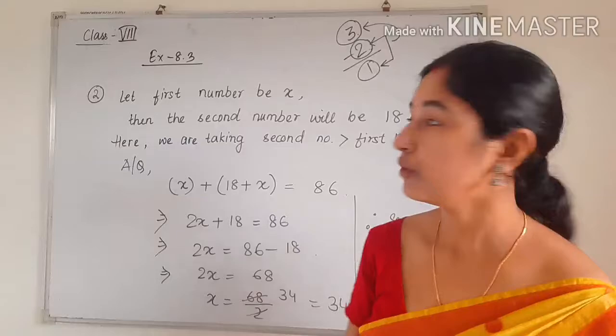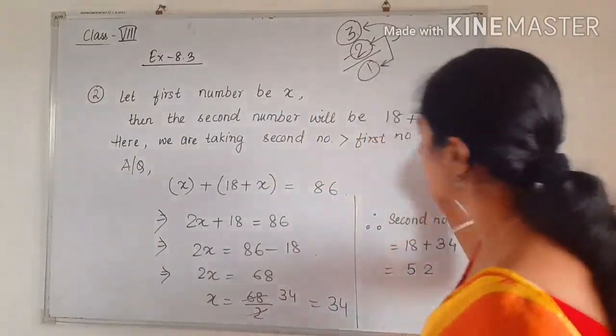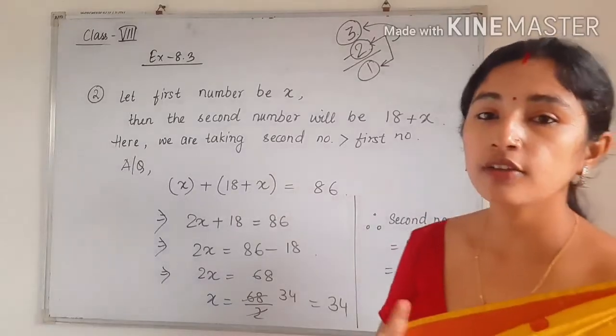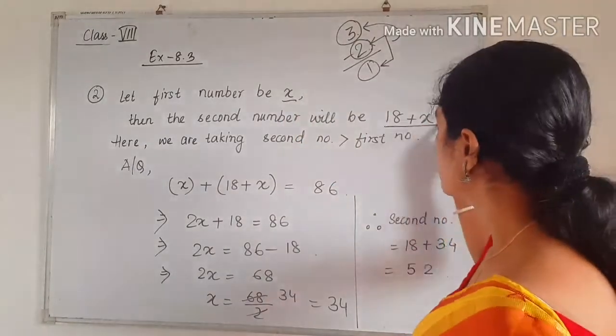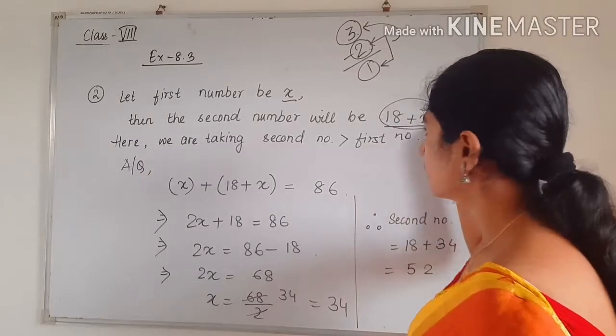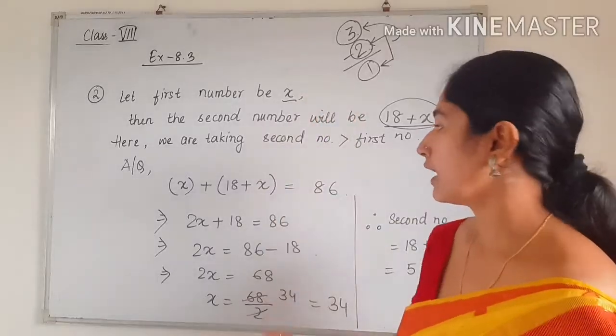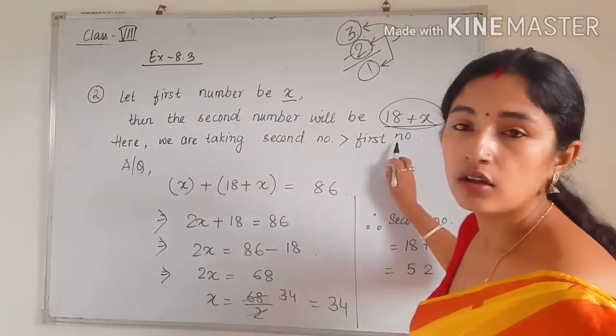Similarly here we are taking the first number as x and the second number as 18 plus x. Here you have to mention which one is greater. You can see easily, here it is x, here it is 18 more than x. That means this number is greater than x. So we are taking the second number greater than the first number.